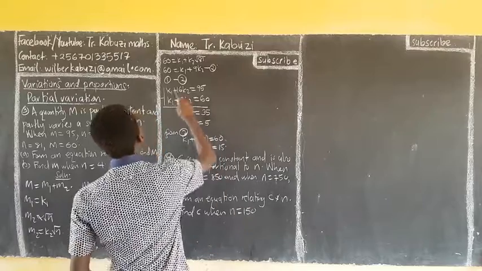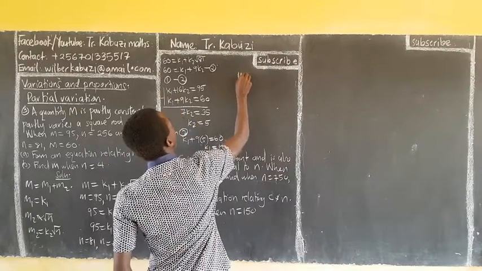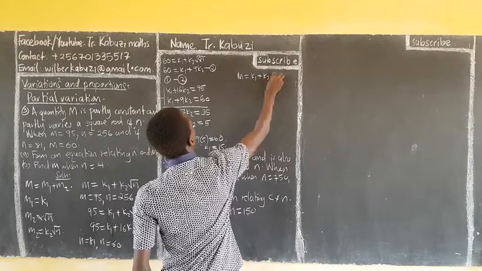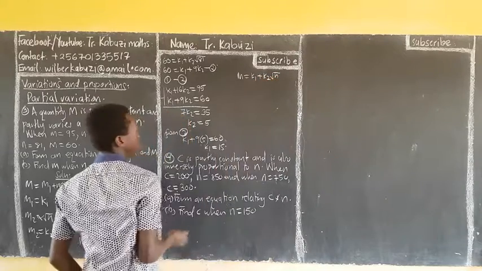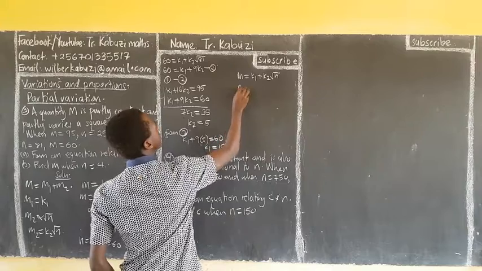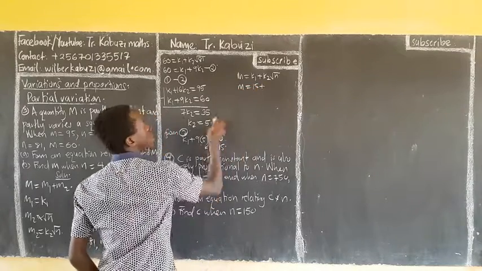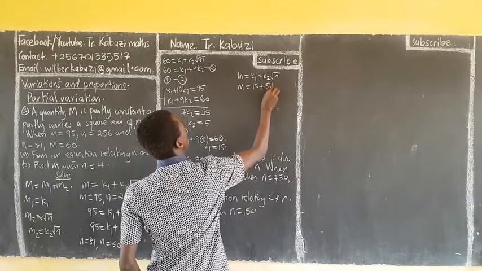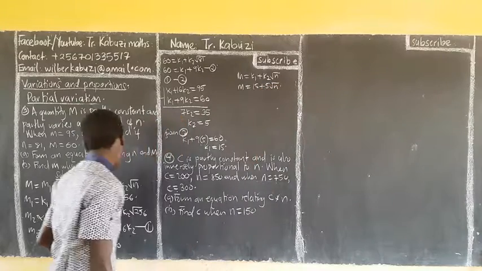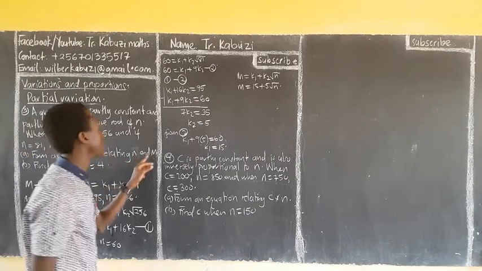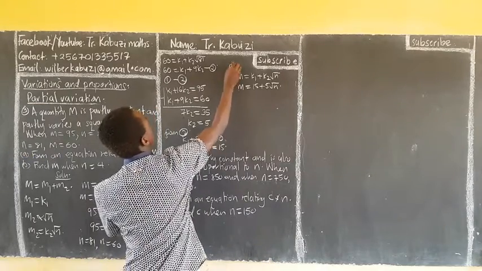So now I write this back, you see that my m was k1 plus k2 root n. So putting my k1 as 15, then plus k2, which is 5, now root n. This is now the part A, an equation relating m and n. This is my part A.